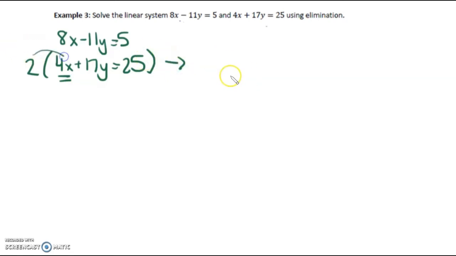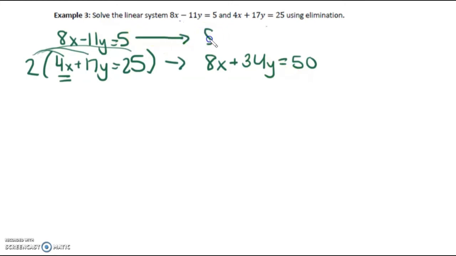So 2 times 4x, I get 8x. 2 times 17y, I get 34y, and then 2 times 25, I get 50. And this one we're just going to bring over: 8x minus 11y equals 5.